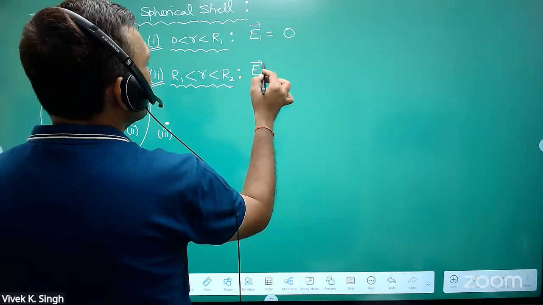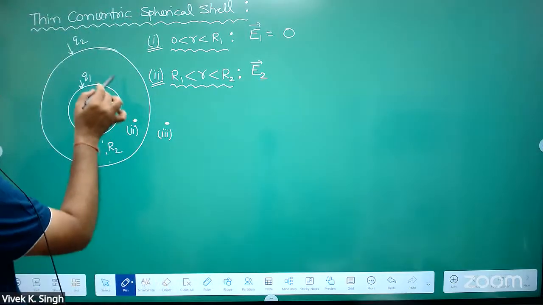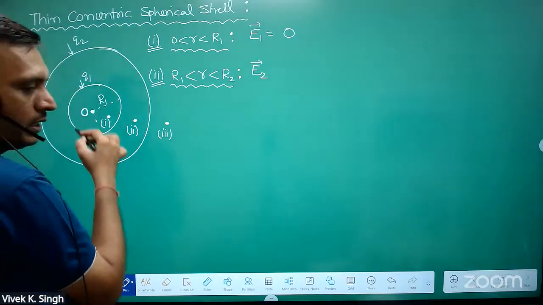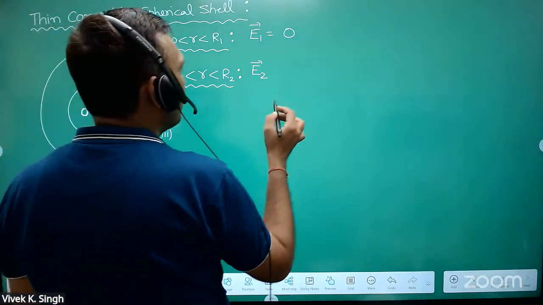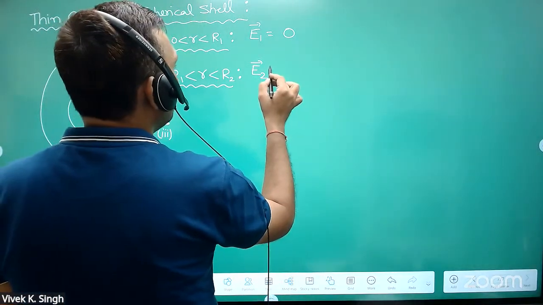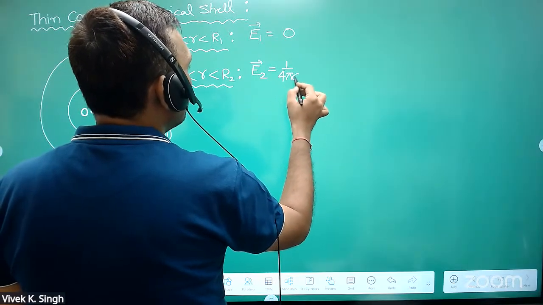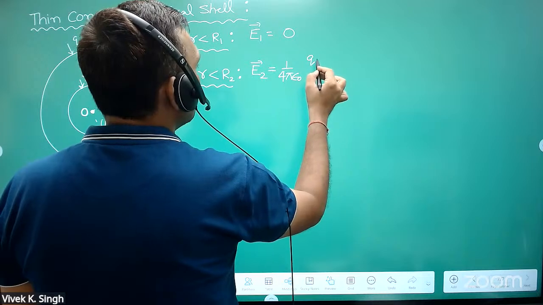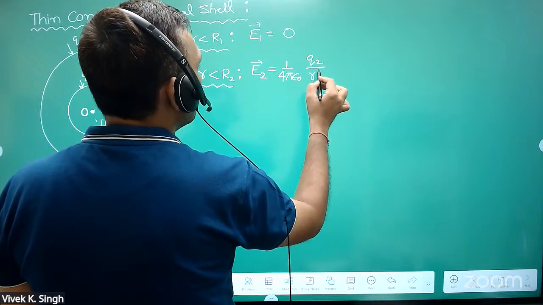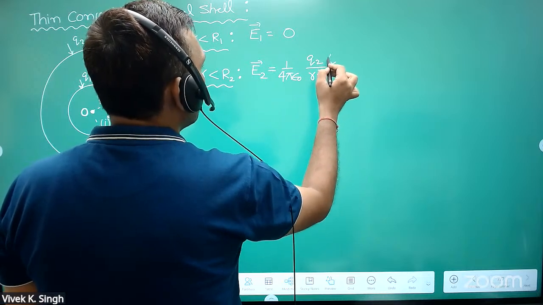So E2 is given by, now if you draw a Gaussian surface, the charge enclosed will be Q1. So the electric field is given by 1 by 4 pi epsilon naught Q1 by R square R cap.